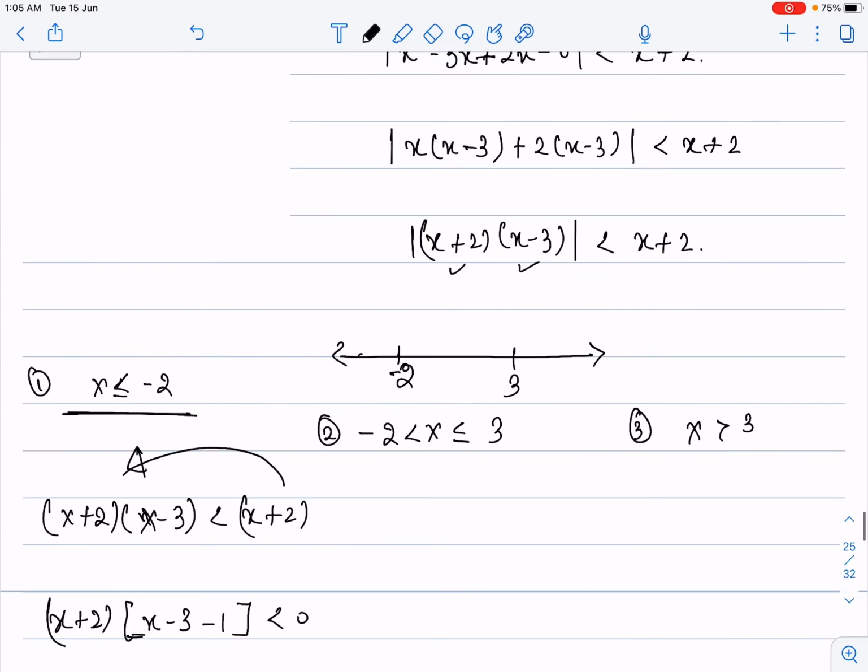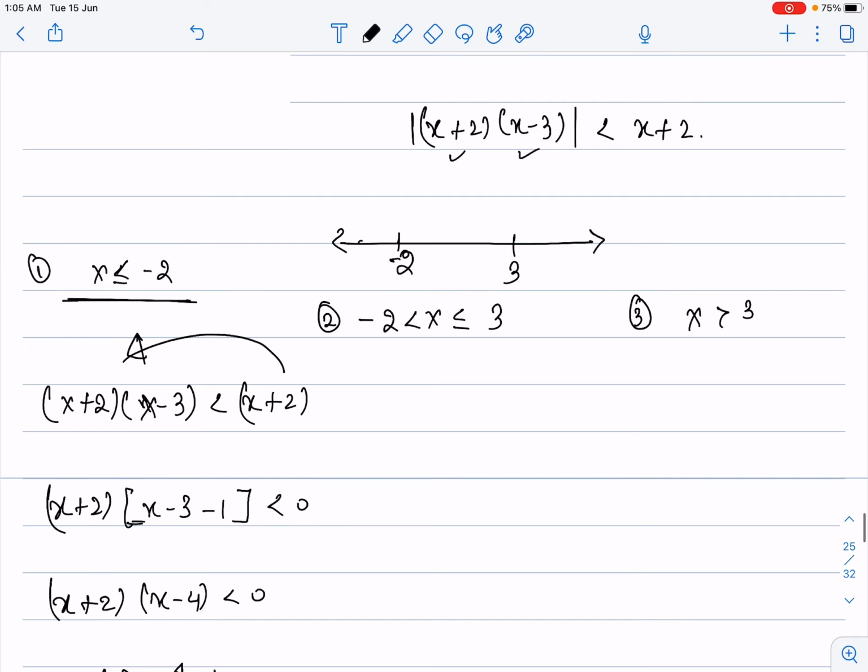Now let's move ahead and see the next sub part of this question. So for x between minus 2 and 3, the first mod would open with a positive sign and the second mod would open with a negative sign. So x plus 2 multiplied by minus x plus 3 is less than x plus 2. Now let's take x plus 2 from RHS to LHS. So x plus 2 can be taken common.